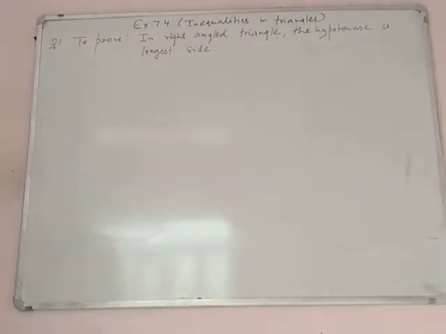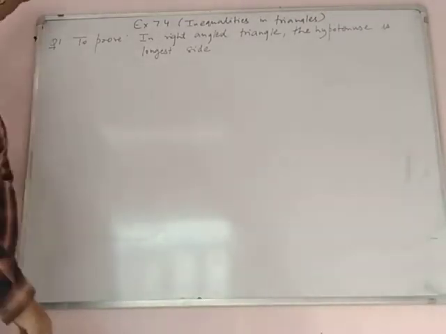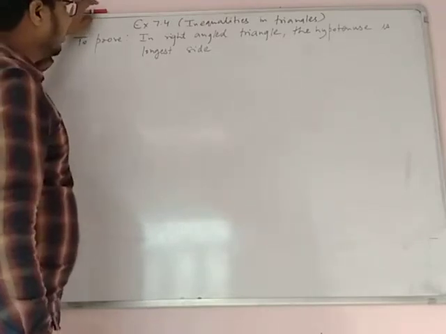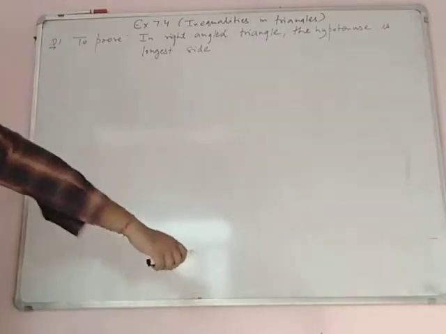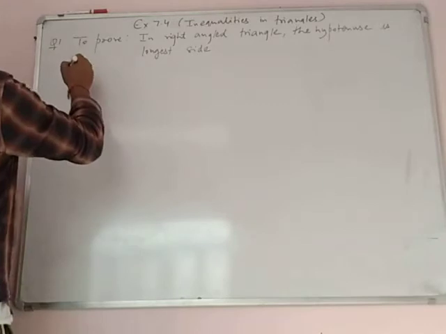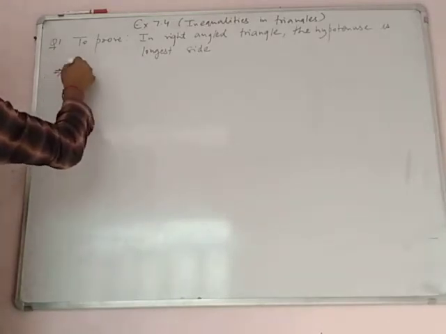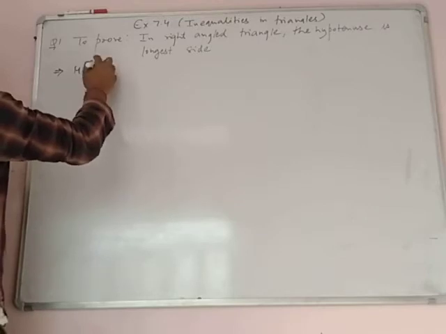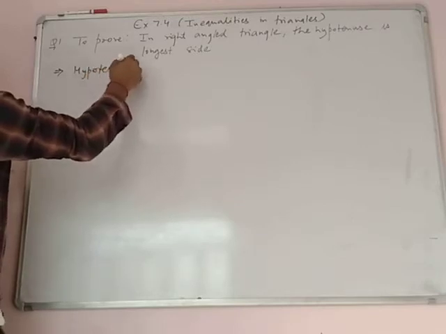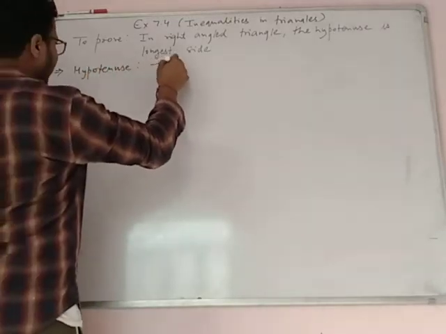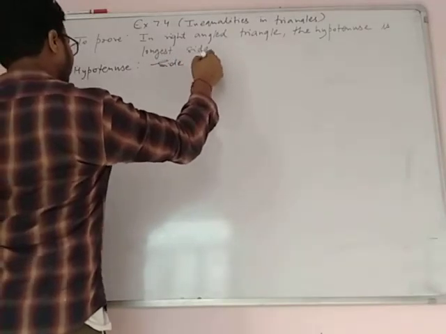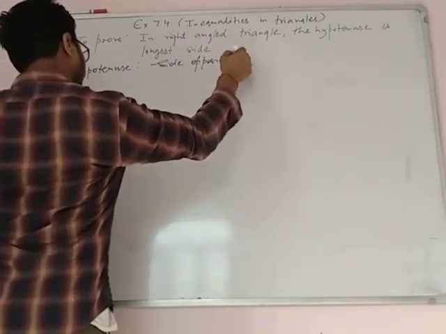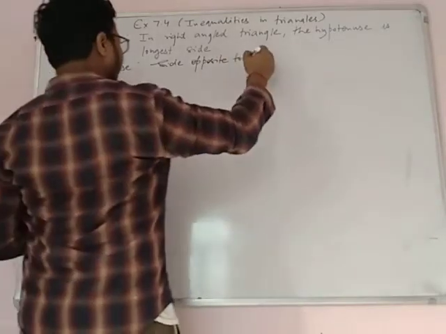Yes. Question number 1 is to prove in right angle triangle the hypotenuse is longer side. First we define that hypotenuse. What is hypotenuse? Hypotenuse is the side opposite to right angle.